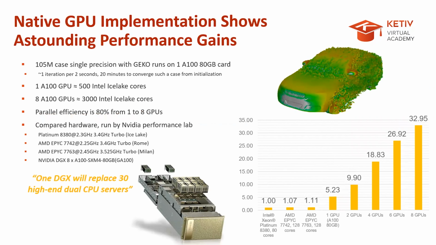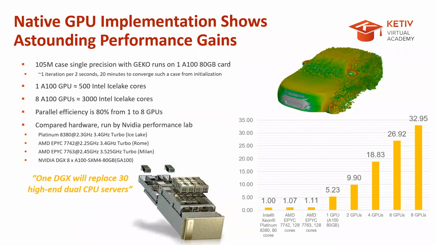So this is an external aerodynamic problem where you're looking at the drag over a car. And we did this problem with 105 million cells on single precision with the generalized K-omega model.